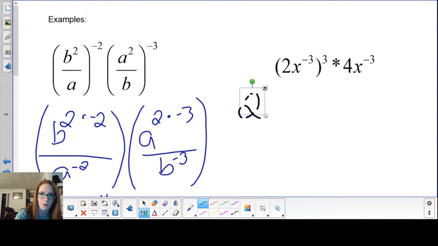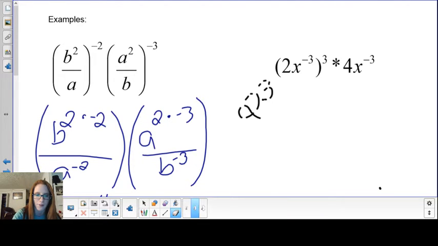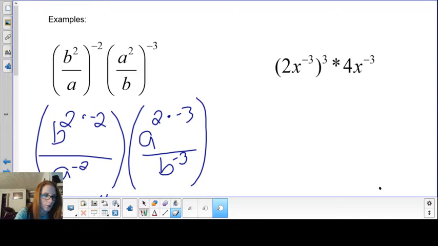So I have 2 to the 3rd. I was really hoping, I know they're not full straight lines, but at least it looks better than what I was doing with my finger. Let me try one more time. Because I think if I do this, that's a little bit better.